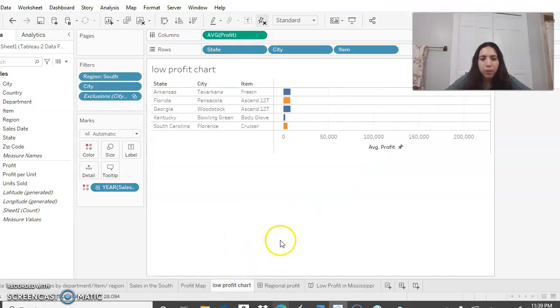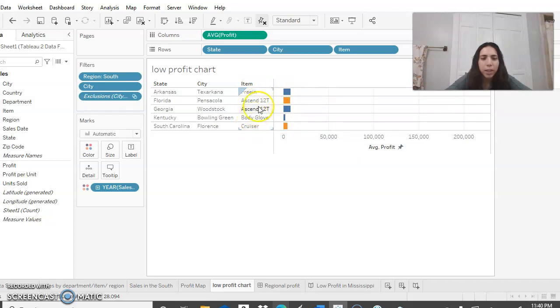So the low profit chart was my fourth visual. From here, I broke it down to see which specific state, which city, and which specific item was actually causing the low sales profit. And from here, we can see all these different items.